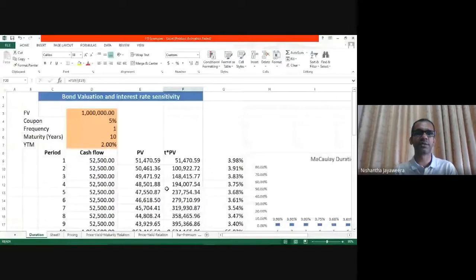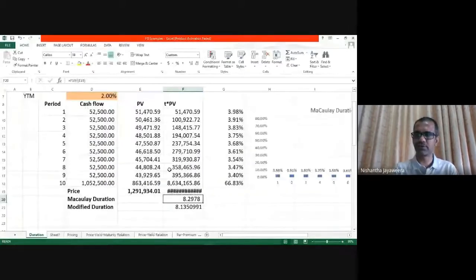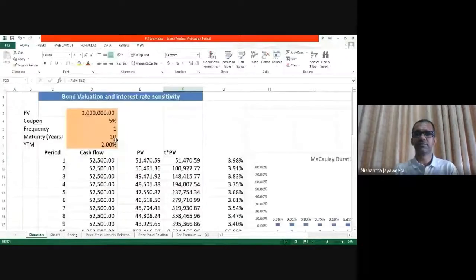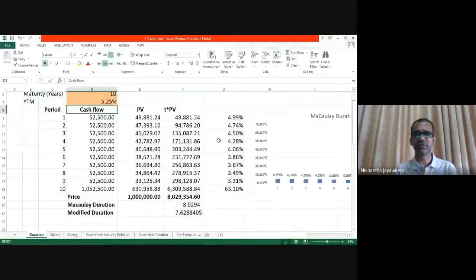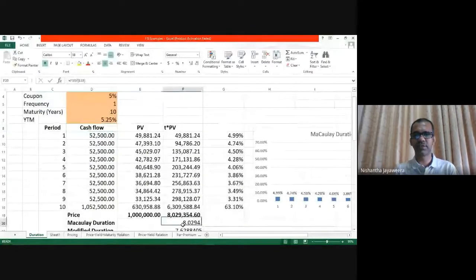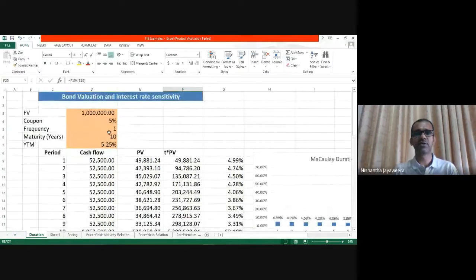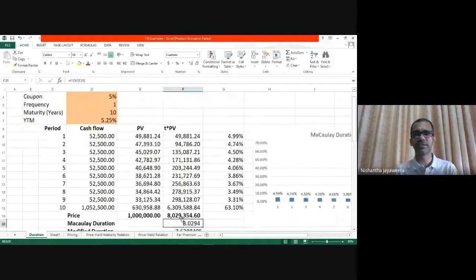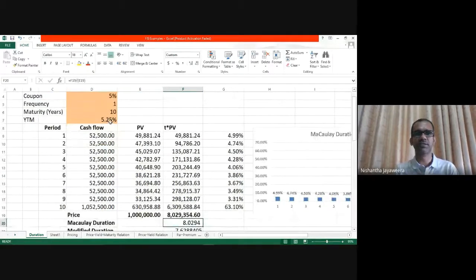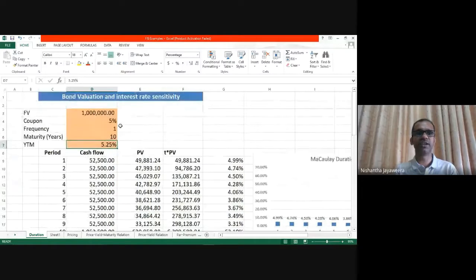I'll put this at 5.25 as it is. So duration gives you the sensitivity to the interest rate, and you can see how the duration changes with the change in yield to maturity and change in coupon.